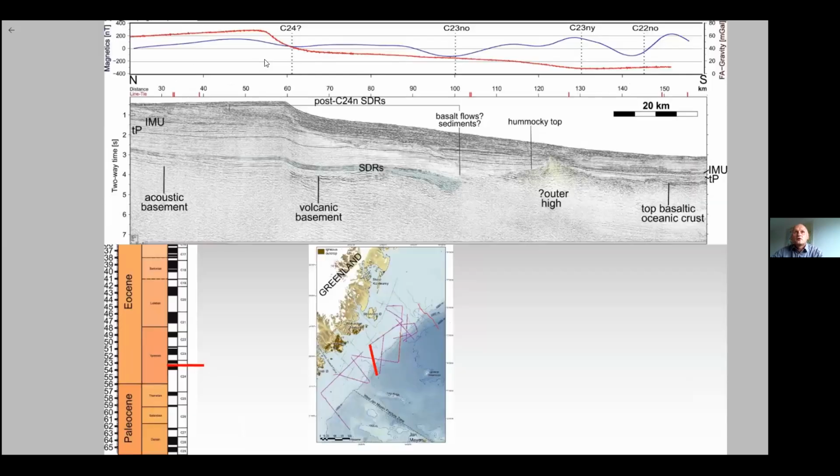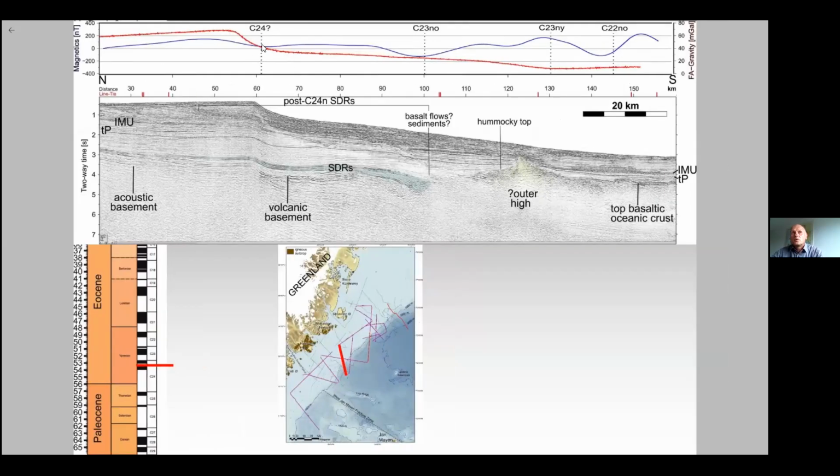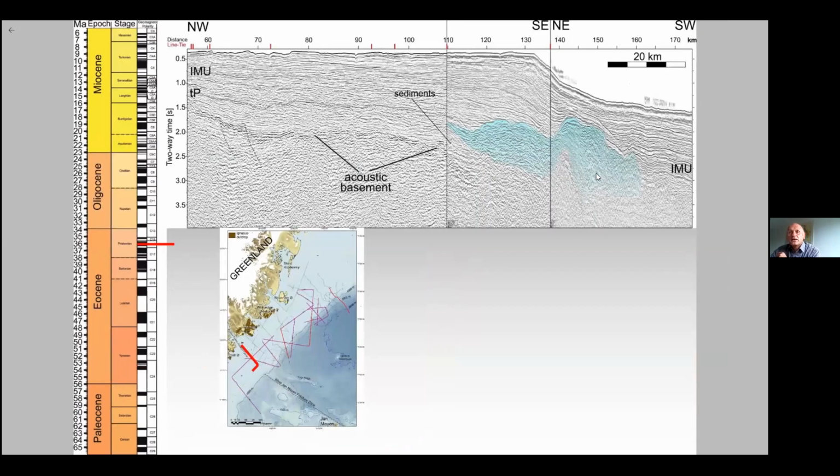Even further south, we are landward of the prolongation of C24, and the SDR size generally decreases to the south and to the north. There's another magmatic signal in the data, not in the form of SDRs, but massive magmatic edifices in the seismic data.